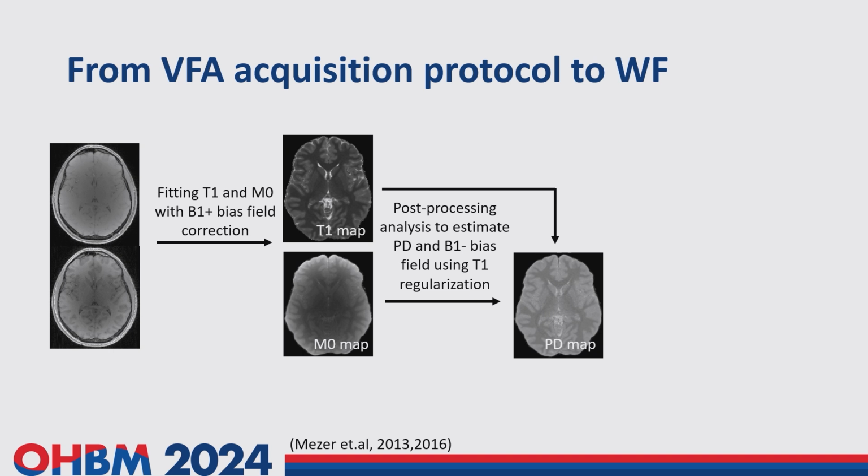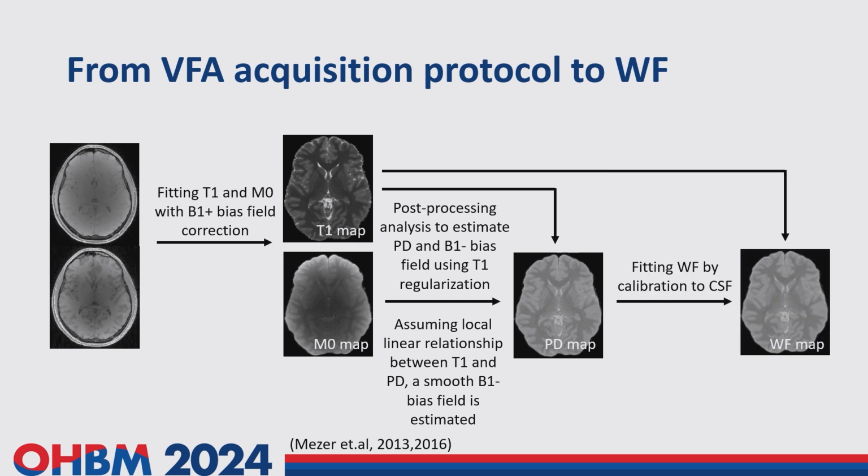And then the last bit is to calibrate the PD map to be water fraction, and this is done using calibration with the CSF, which gives us another quantitative map. So now we have 2 maps, T1 and water fraction, which are good to have together, and there's more modeling that can be done when we have 2 maps.